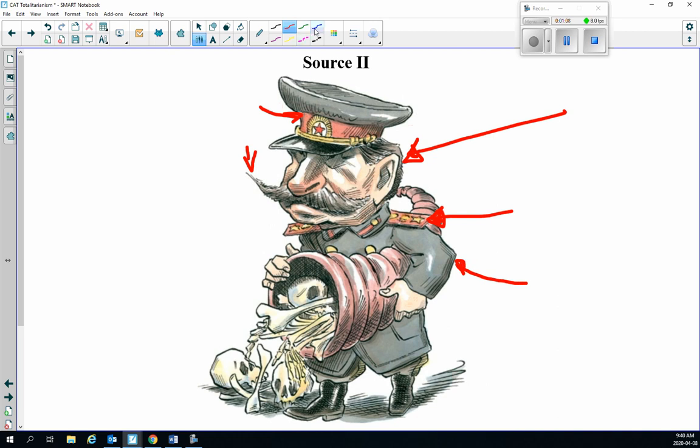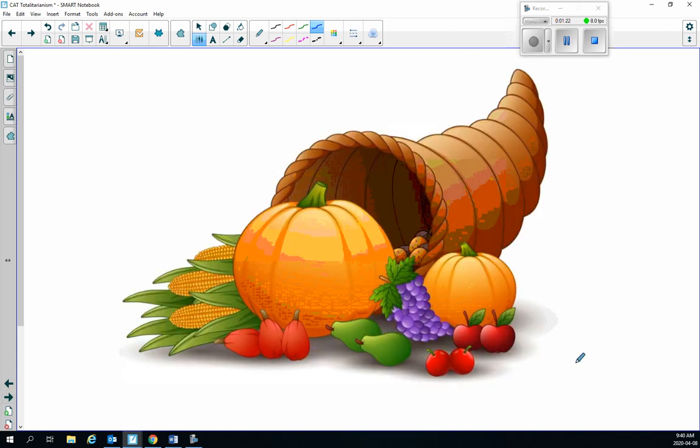And then for sure, you got to point out, I'm not sure if you know what this is called, but this is a cornucopia. Cornucopia is symbolic of something that is plentiful. Typically, a cornucopia should look something like that. Cornucopia demonstrates an abundance, a bounty of resources of food.